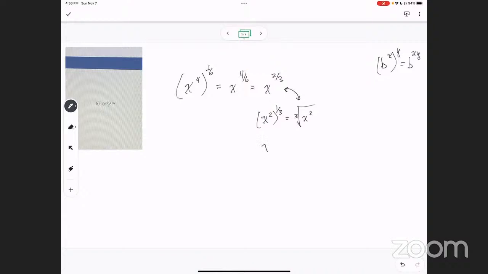You could also write this as x to the 1/3, squared. And x to the 1/3, like I said, is the cube root of x. So all of the ways that I wrote this are possible ways of writing it. Actually, all 5 of those are the same.